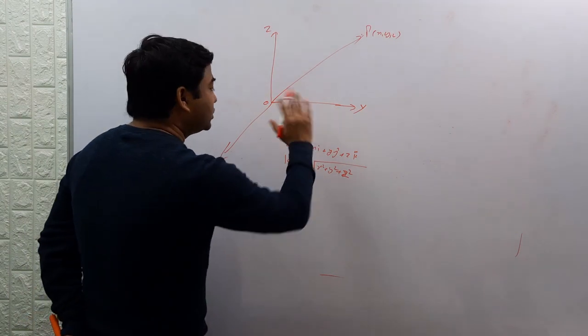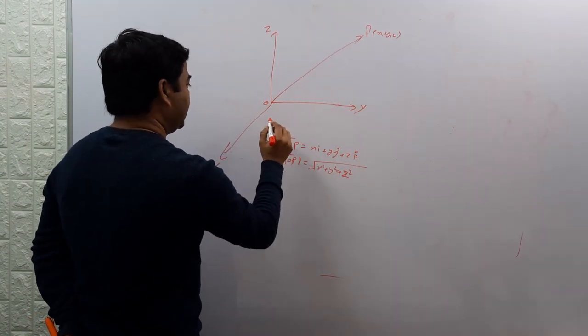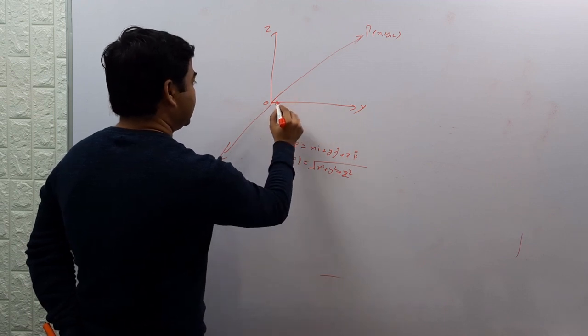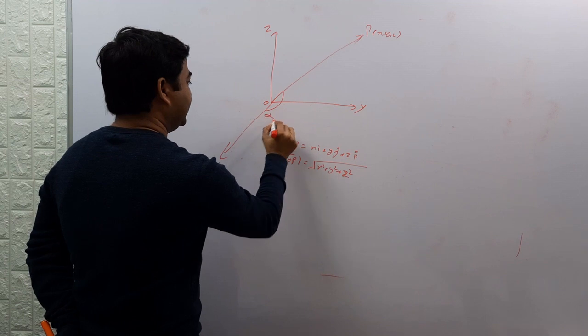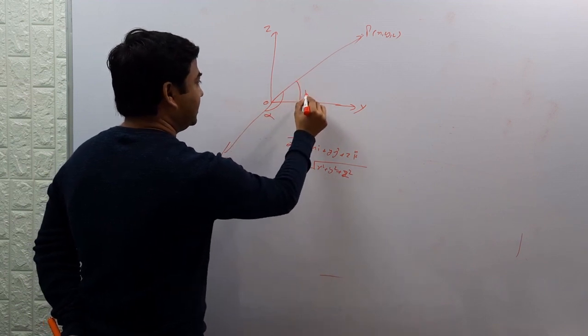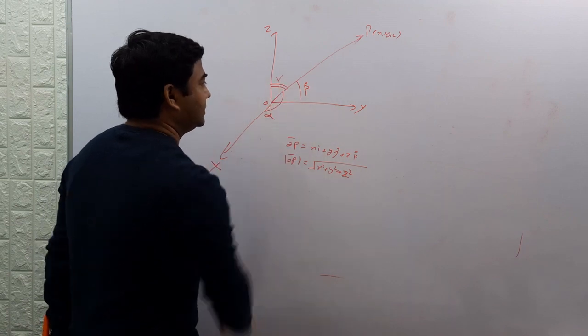Similarly, suppose vector OP makes angle alpha with the x-axis, beta with the y-axis, and gamma with the z-axis.